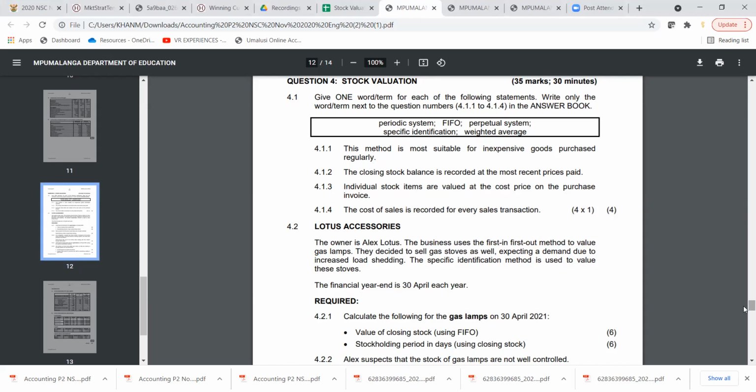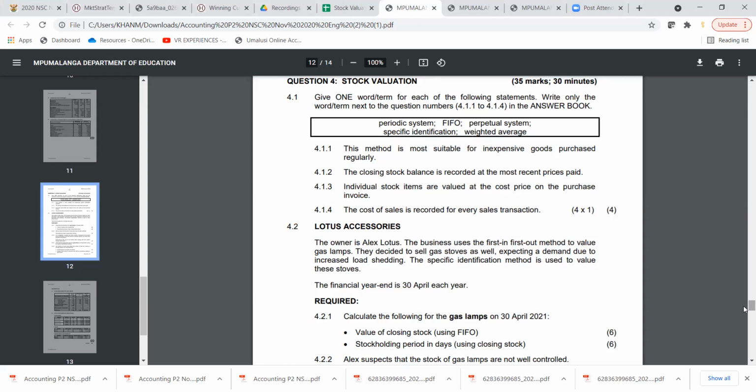For weighted average, every time we make a sale, we have to calculate the weighted average. So there are two ways of doing this. One way is that every time a sale happens, before the sale takes place, a weighted average cost is calculated.